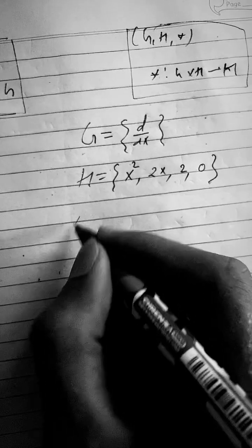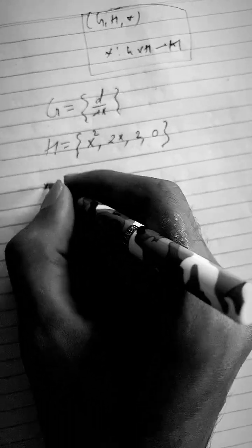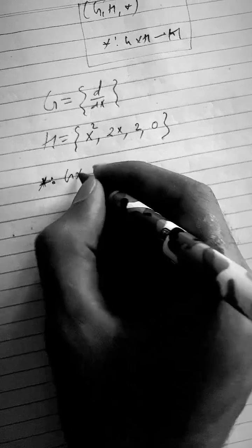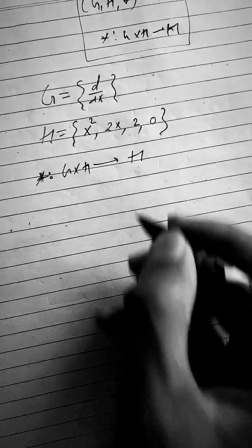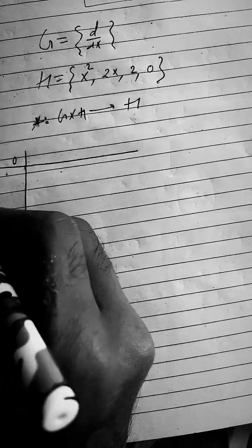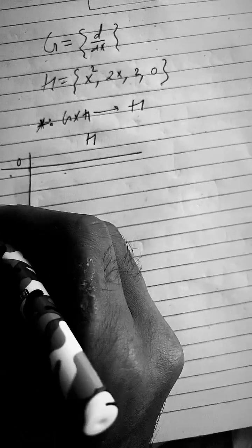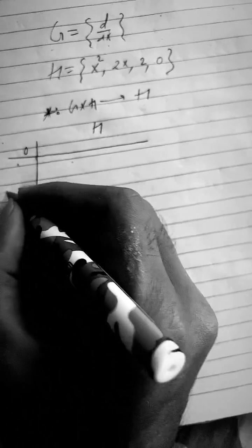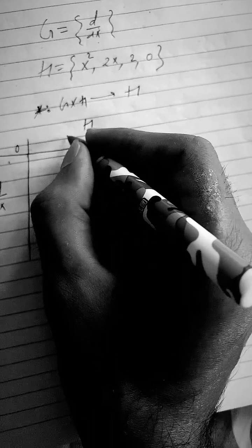Now what is this star going to do? Star is going to take G cross H and produce H. So let's check if it satisfies closureness. For closureness, we are going to make this Cayley table. Here is the operation, here is G acting on H. The G element is d by dx, so we substitute d by dx.